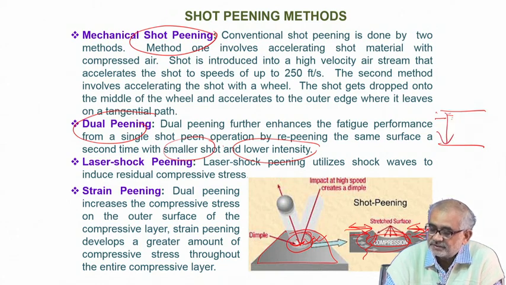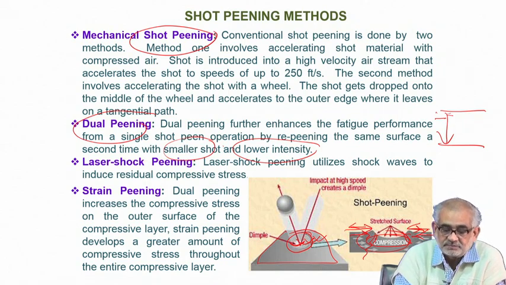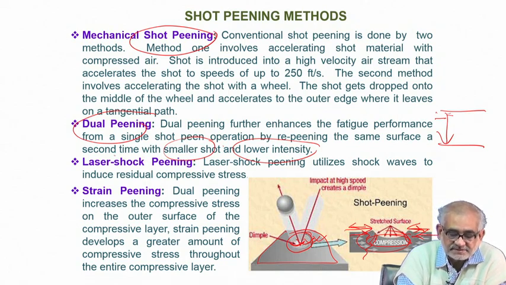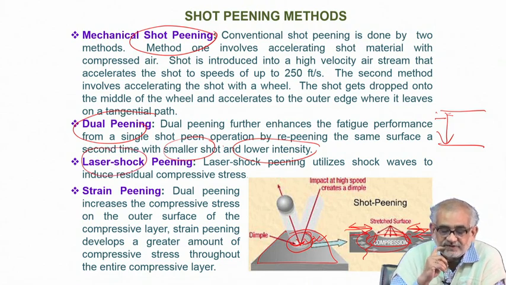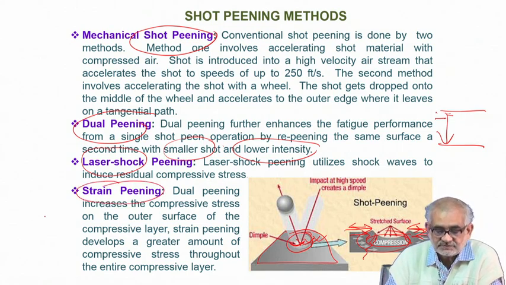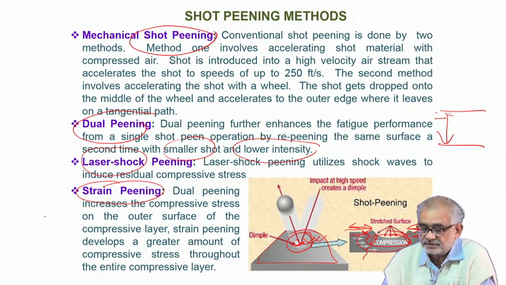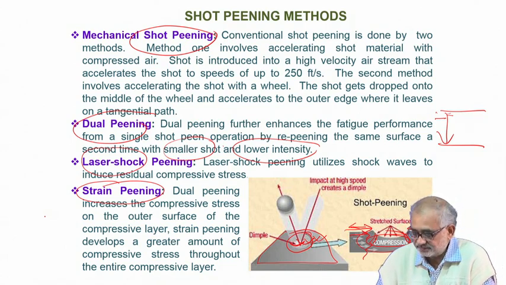As a result, you can have a graded state of stress toward the surface. Instead of mechanical impact, you can use a laser assisted shock wave, which can create such a state of compressive stress on the surface. You can also do strain peening by using other kinds of impacting objects.